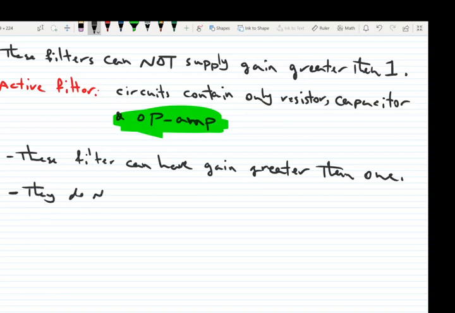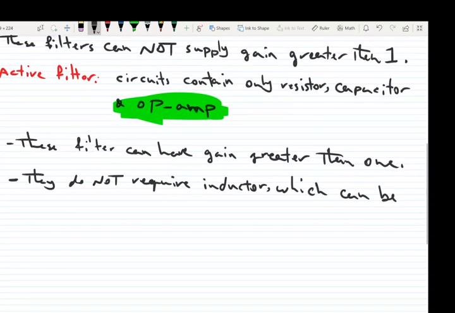They do not require an inductor, which can be large and expensive in low frequency applications.